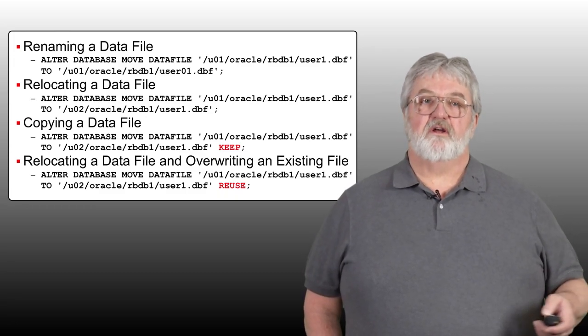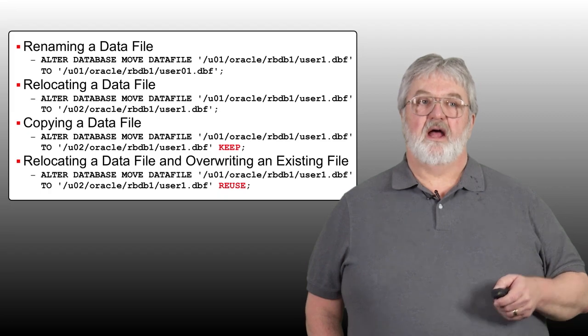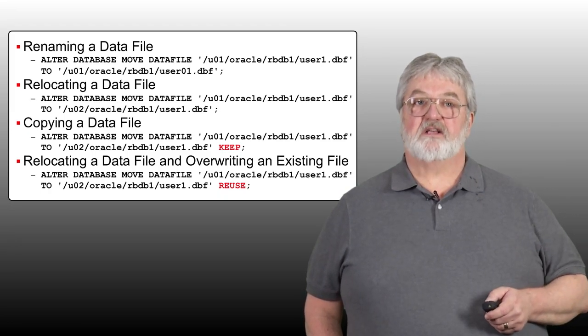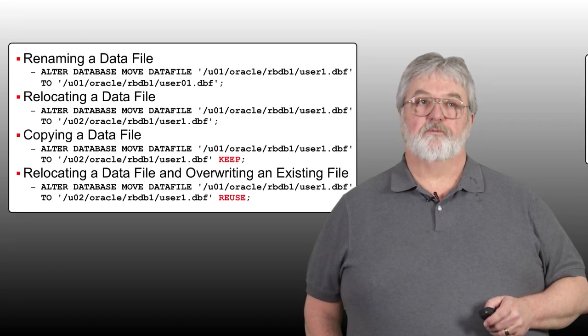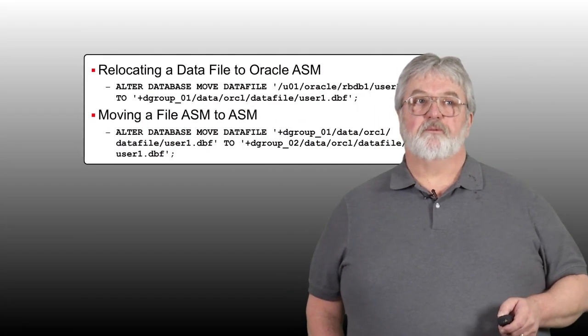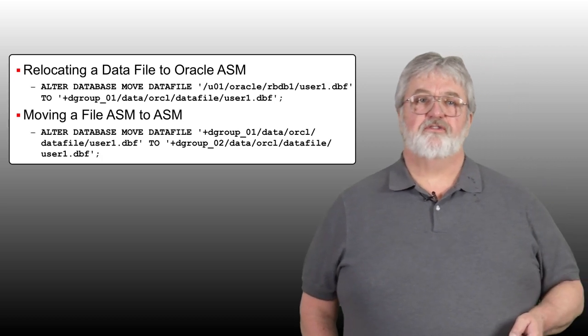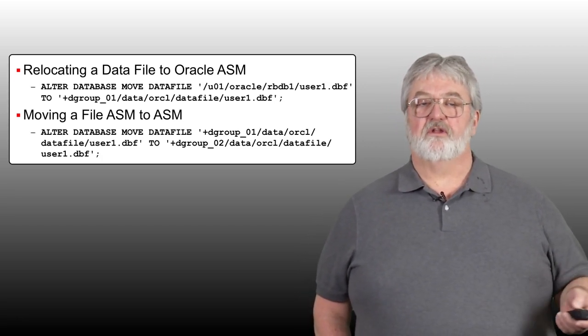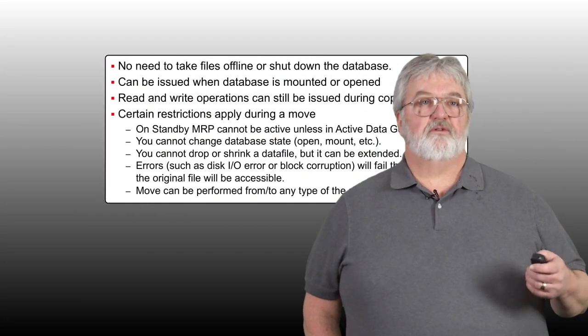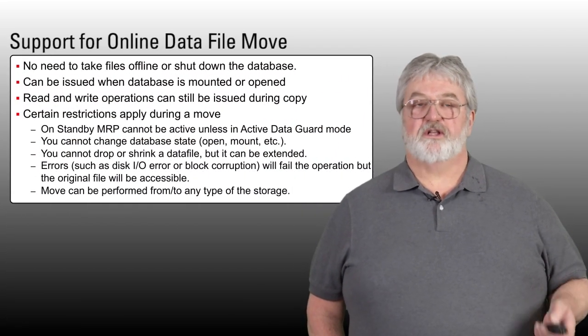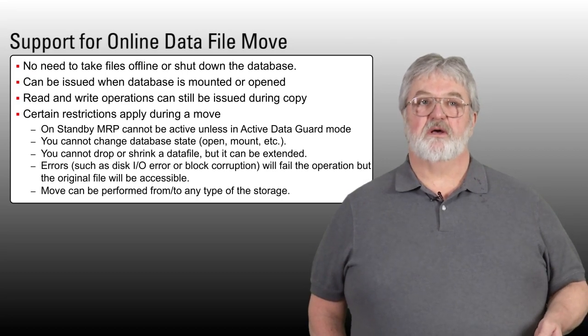And that movement of that database file will happen at the same time that users are actually accessing it. And access to the various parts of the file will happen as normal. The important thing is this can be done on standard file systems and also in ASM so that you can have full control over where you put the data files. The important thing here is no need to take the files offline or shut down the database so production stays up and running.